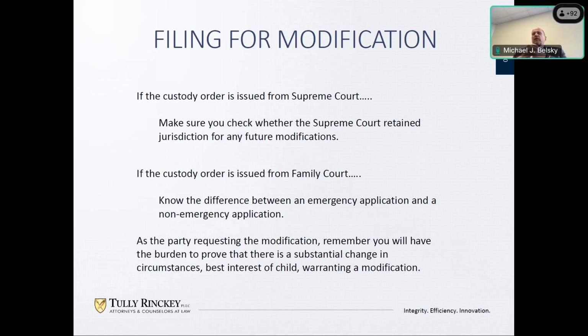What does that mean? That means that the party could either bring a contempt proceeding in Supreme Court based upon the court order, or they could go ahead and file for a modification. Well, they could do a modification in Supreme Court also, or they can go to family court.